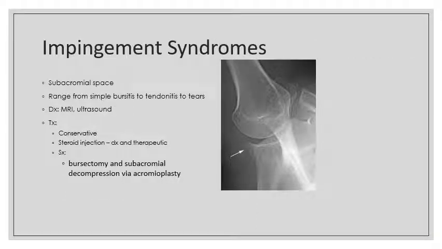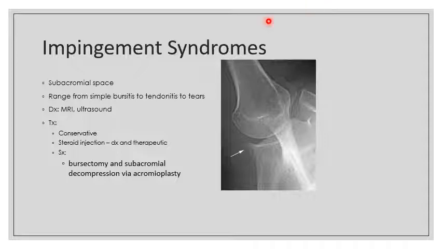And impingement syndromes, basically in the subacromial space, could range from simple bursitis to tendinitis or tear of the long head of the biceps or supraspinatus tendon. Usually the impingement occurs in maximum arm abduction and external rotation during the cocking and early acceleration phases of throwing.